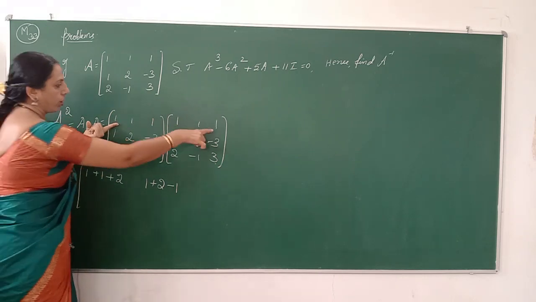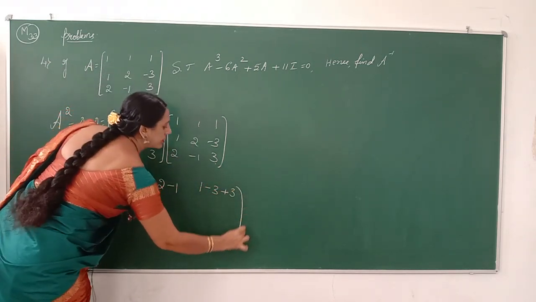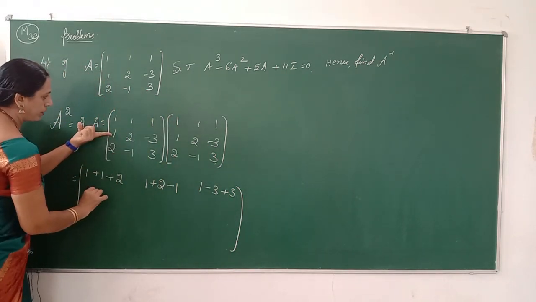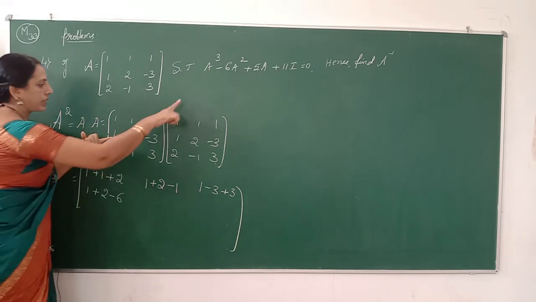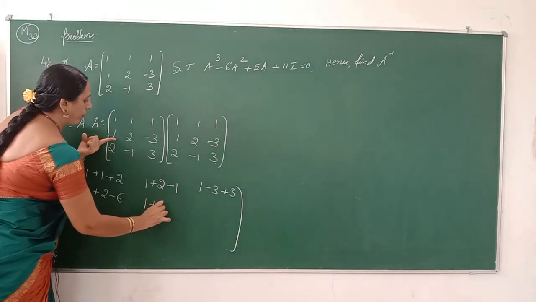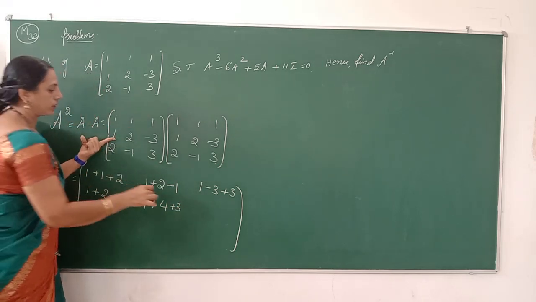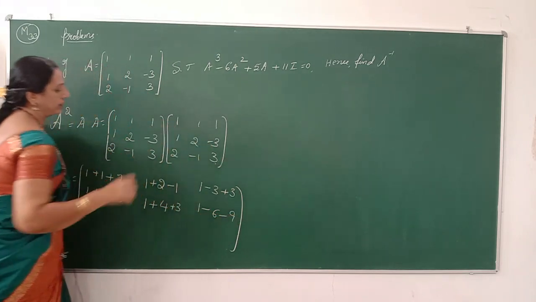First row third column, 1 minus 3 plus 3. Then we'll come to the second row. Second row first column, 1 plus 2 minus 6. Second row second column, 1 plus 4 plus 3. Second row third column, 1 minus 6 minus 9.